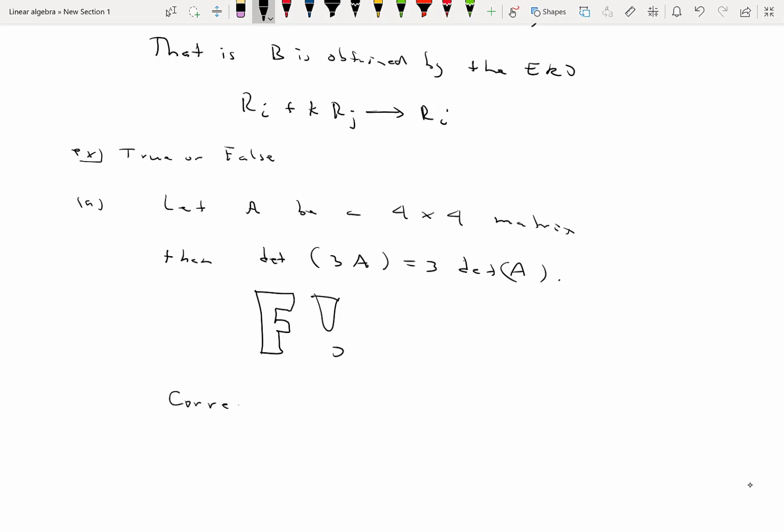We could correct it by saying the determinant of 3A is equal to what? I can factor a 3 out of the first row, a 3 out of the second row, a 3 out of the third row, and a 3 out of the fourth row times the determinant of A. Or 3 to the fourth times the determinant of A.